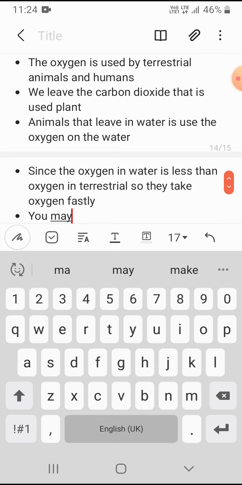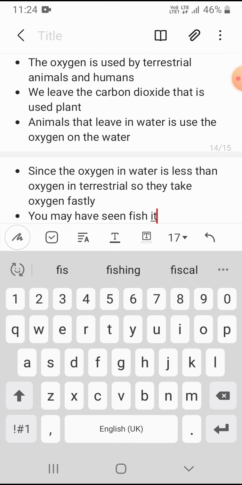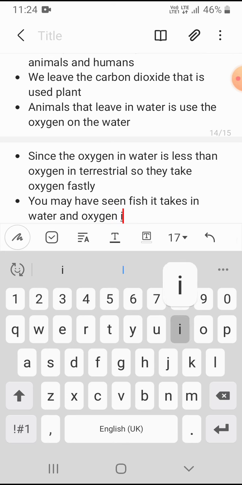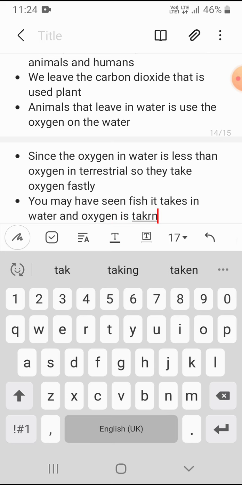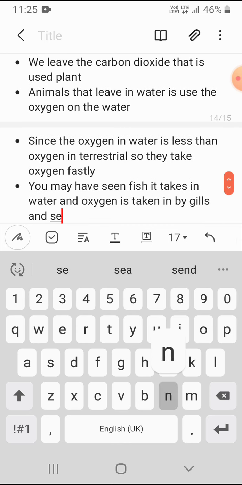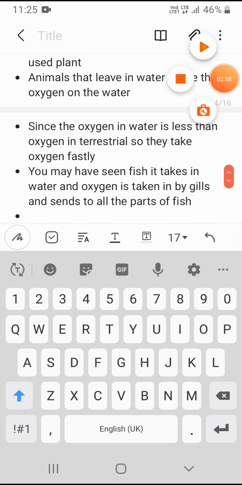You may have seen the fish. It takes in water, and the oxygen is taken in by the gills. A structure called gills is present. It takes the oxygen from the water and sends it to all parts of the fish.